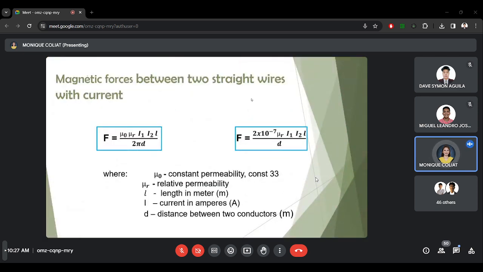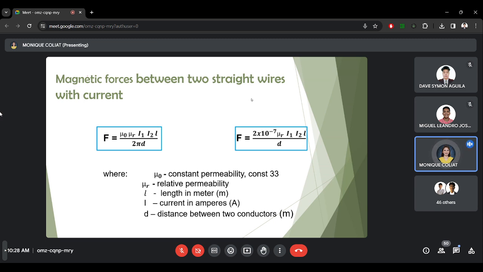so magnetic forces between two straight wires with current. Okay, two straight wires with current. To get that force between the two straight wires with currents, we will use this formula. F is equals to mu O mu R I1 I2 L over 2 pi D. Where I1 is the current in amperes in the first wire and I2 is the current in the second wire.